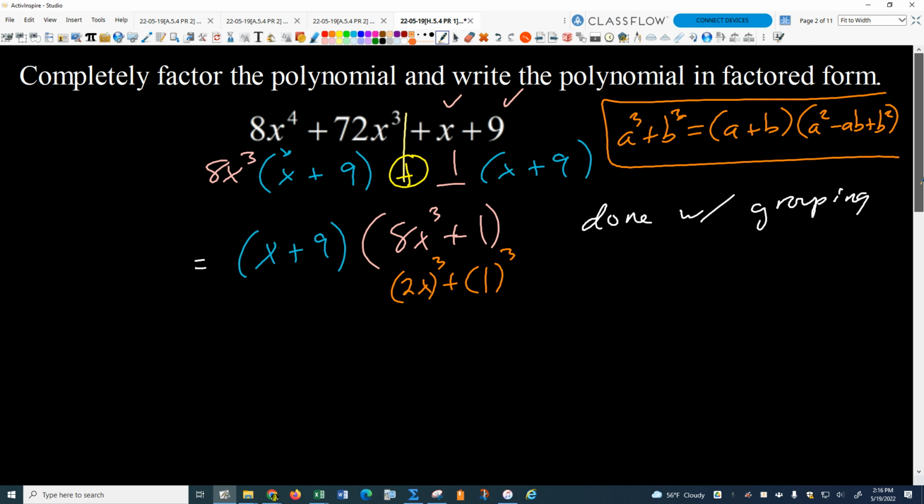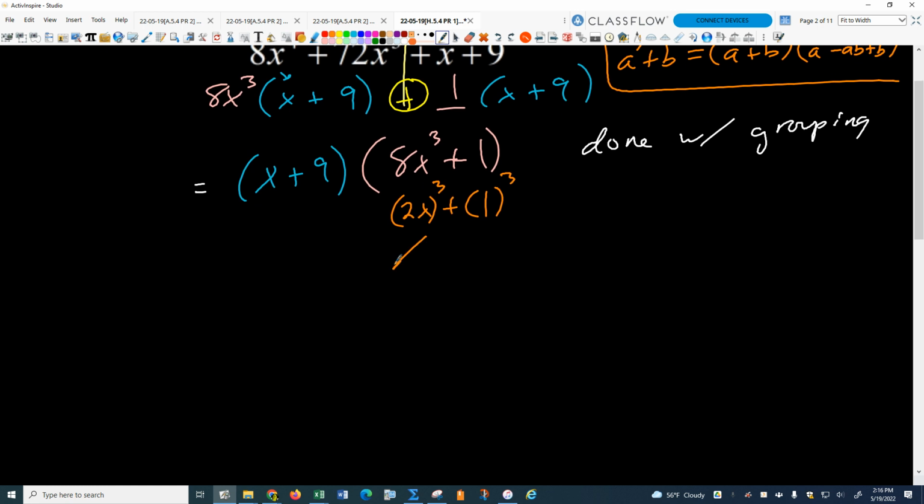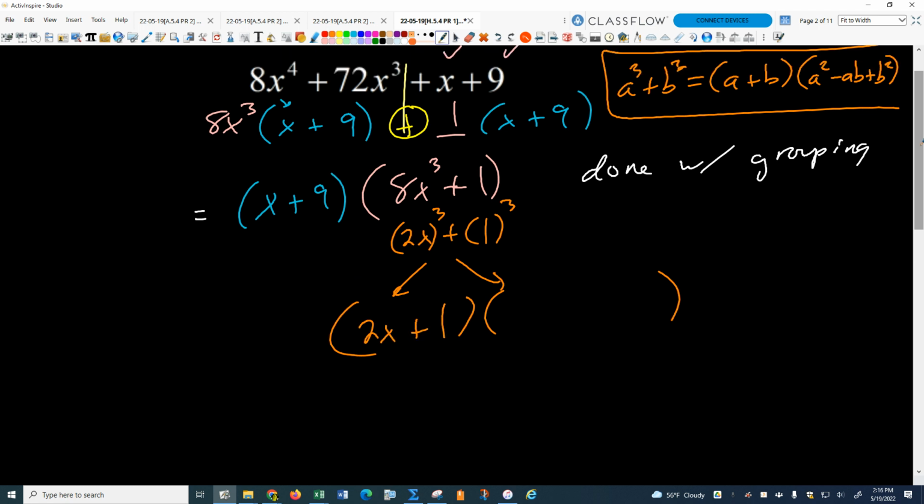So then when this thing breaks up, how is that sum of cubes going to factor? What's the first factor going to be? 2x plus 1, there's my a plus b, right? And then my trinomial? Ah, good, very good.